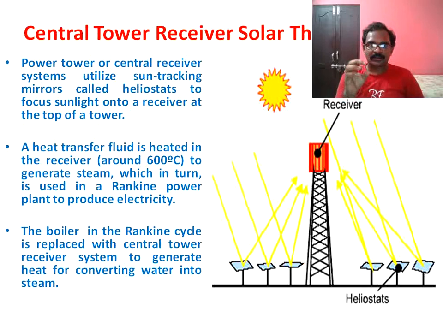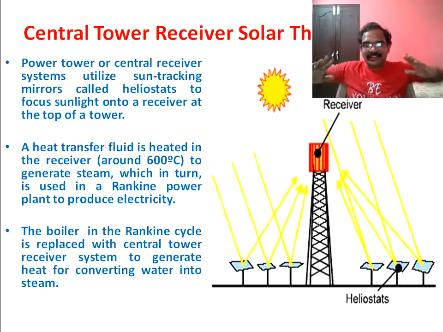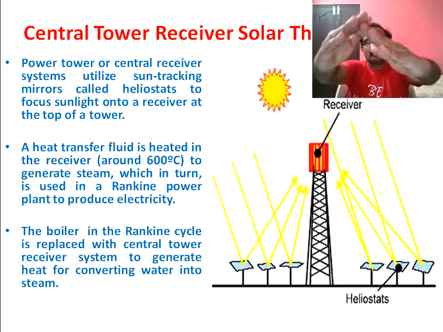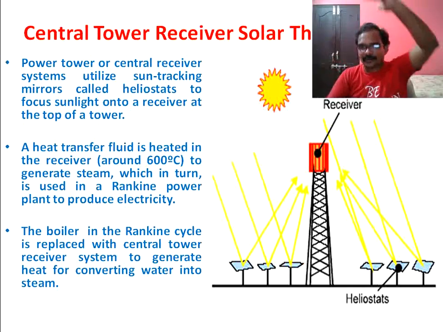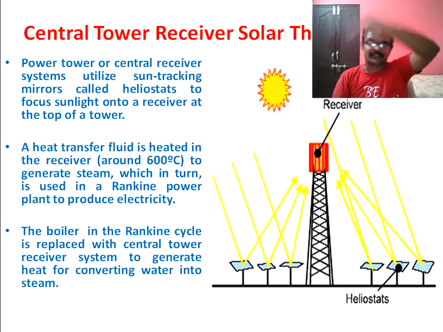It consists of some mirrors. You can see at the bottom on the ground you have the mirrors, and there is one tower called the central receiver tower, and on that tower there is a black body. Now, solar energy will fall on these heliostats, the mirrors, and that energy will be reflected onto that common focusing point called the absorber, which is located on the central receiver tower, right?